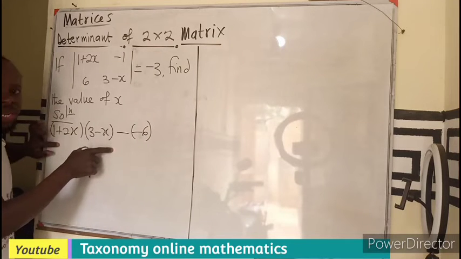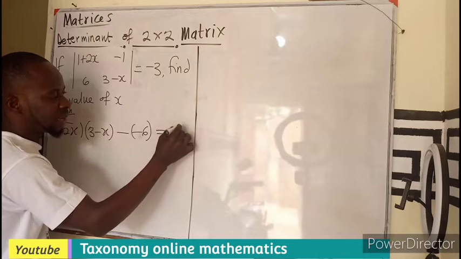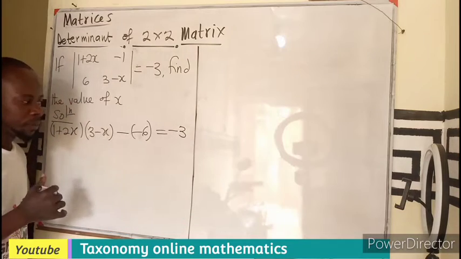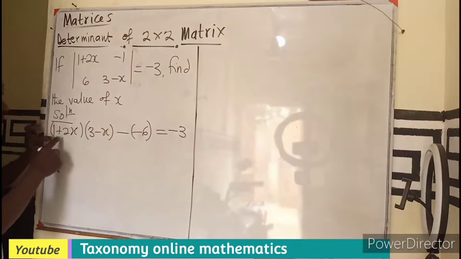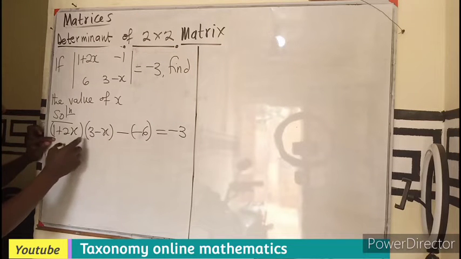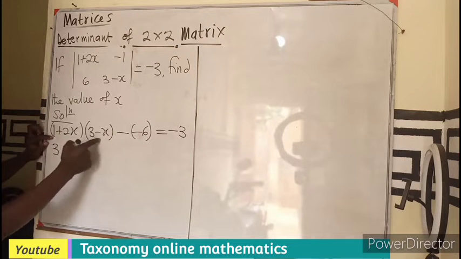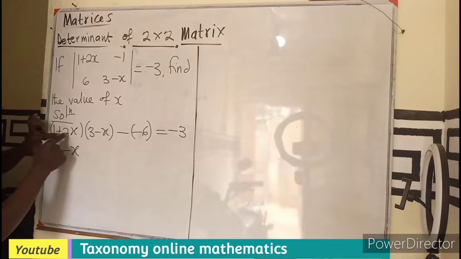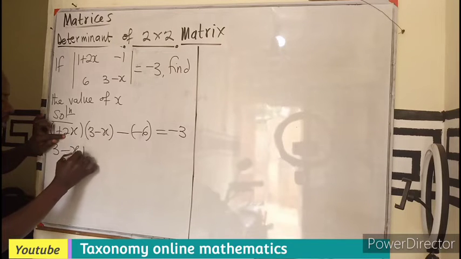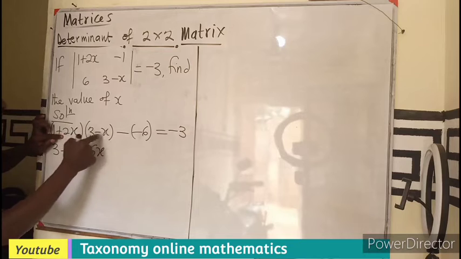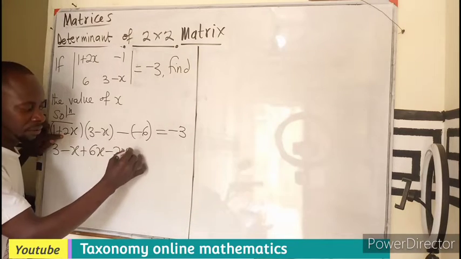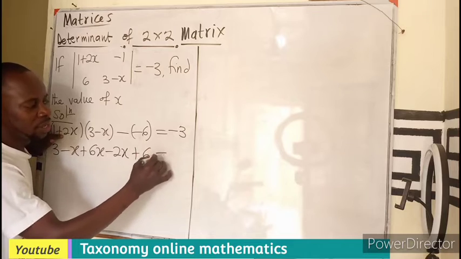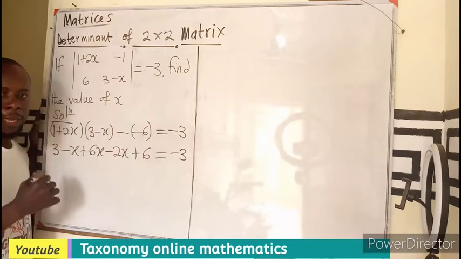And this subtraction should give us our answer to be minus 3. If I perform this subtraction, I should get minus 3. So we can use the FOIL method to multiply 3 minus x. This time this is going to be plus 6x, then minus 2x squared, negative negative plus 6 equals minus 3.